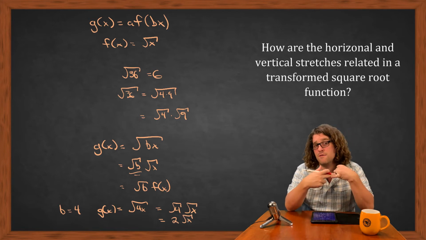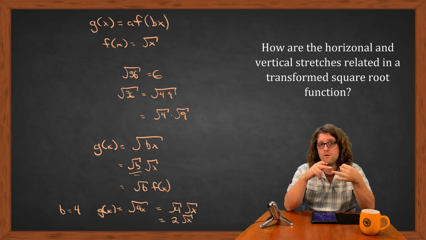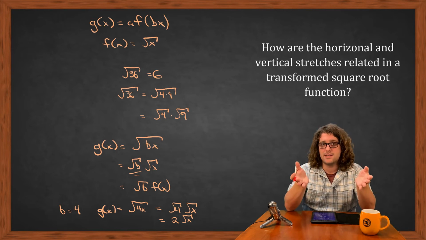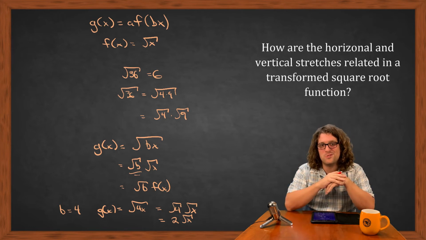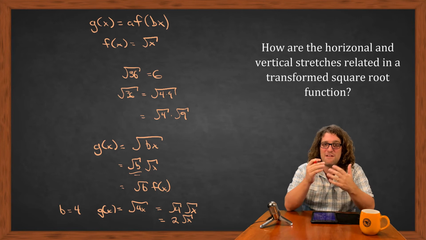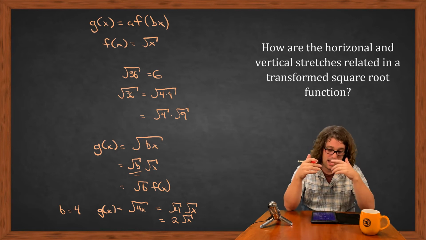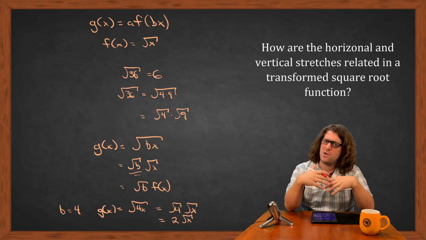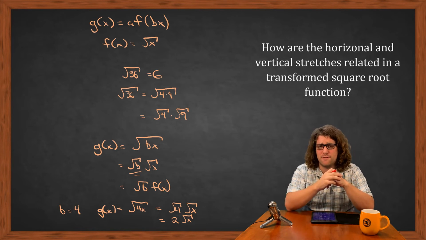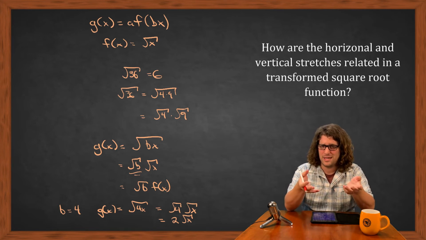So an a value of 2 or a b value of 4 would do the exact same thing to this square root function. So we can see that vertical stretches and horizontal stretches actually can be equivalent, but not for the same number. And that's going to differ depending on what kind of function we're looking at.